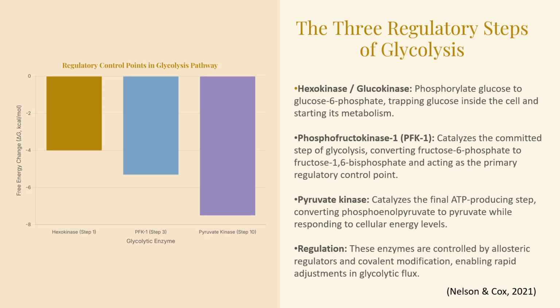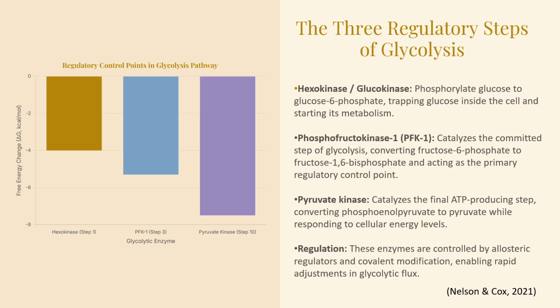The second and most important regulatory step is catalyzed by phosphofructokinase-1, commonly abbreviated as PFK1. This enzyme converts fructose 6-phosphate into fructose 1,6-bisphosphate.